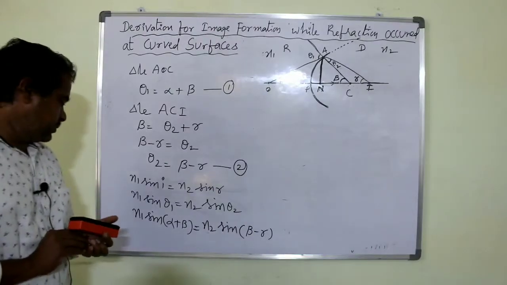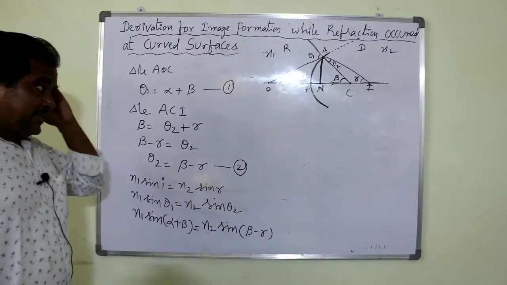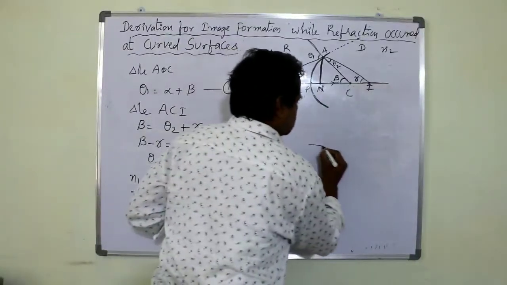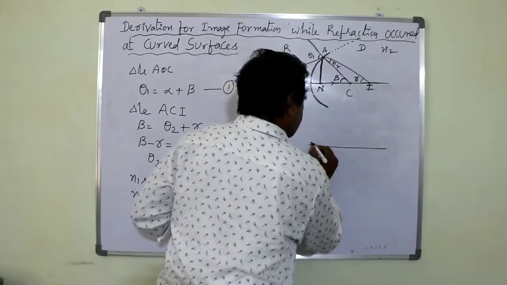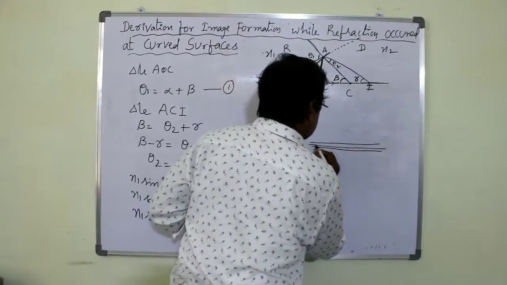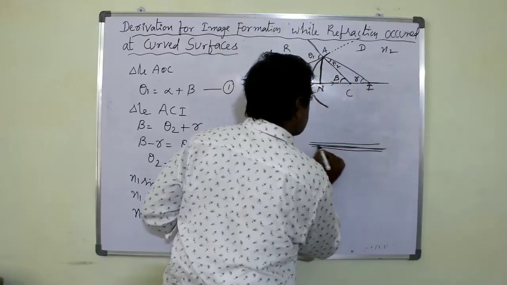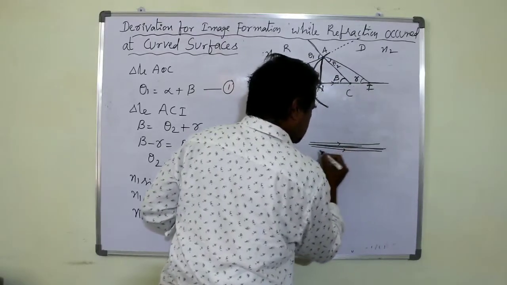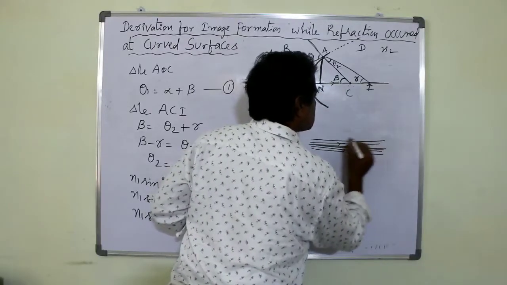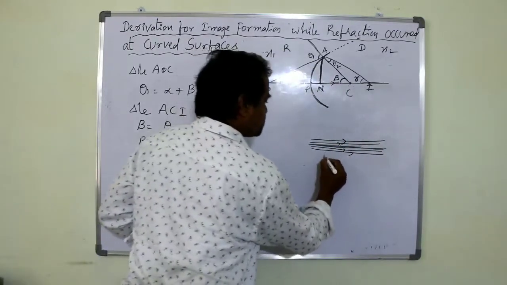Here, any light rays which move nearer to the principal axis, for example this is treated as the principal axis, any light rays which move very near to the principal axis, those rays are called paraxial rays.